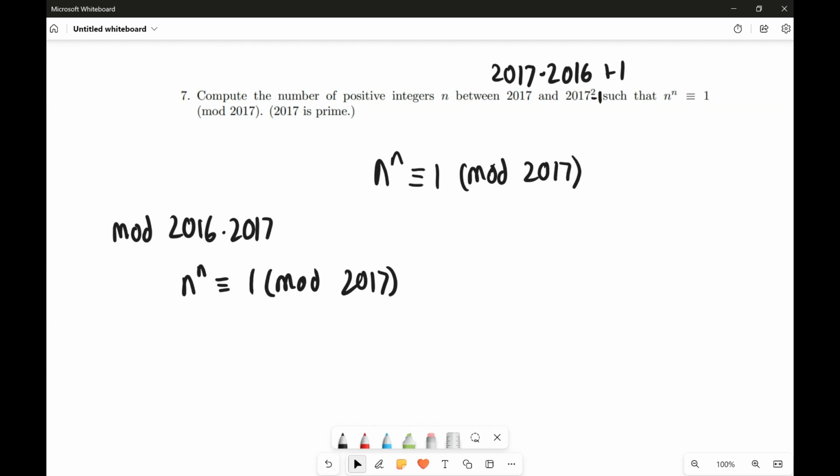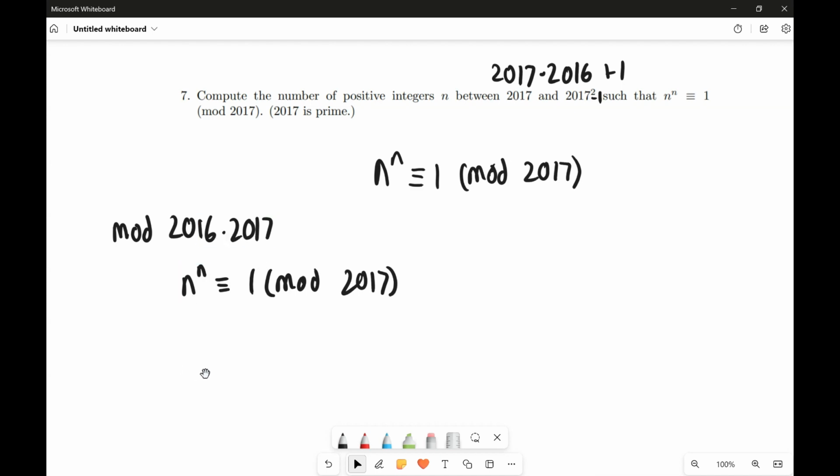And equivalently, by the Chinese remainder theorem, which, for those of you who don't know, states that for any residue class modulo 2016 and any other residue class modulo 2017, there exists a unique residue class modulo 2016 times 2017, which is equivalent to both.